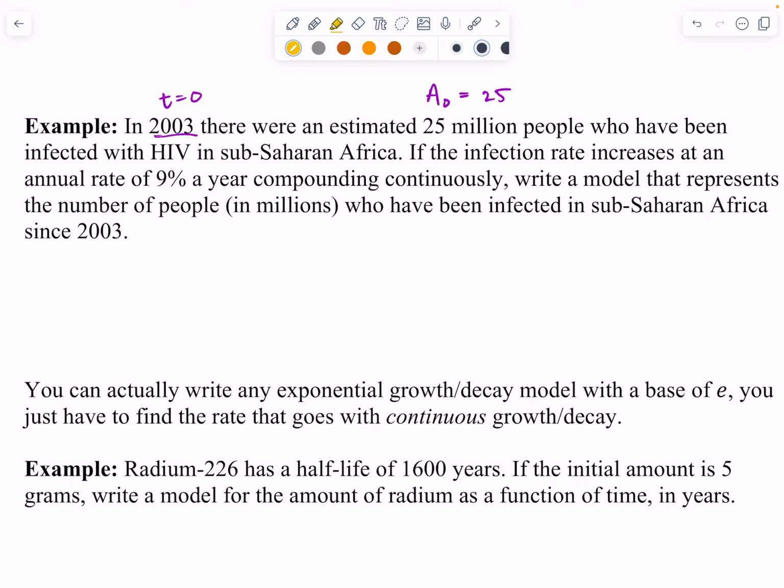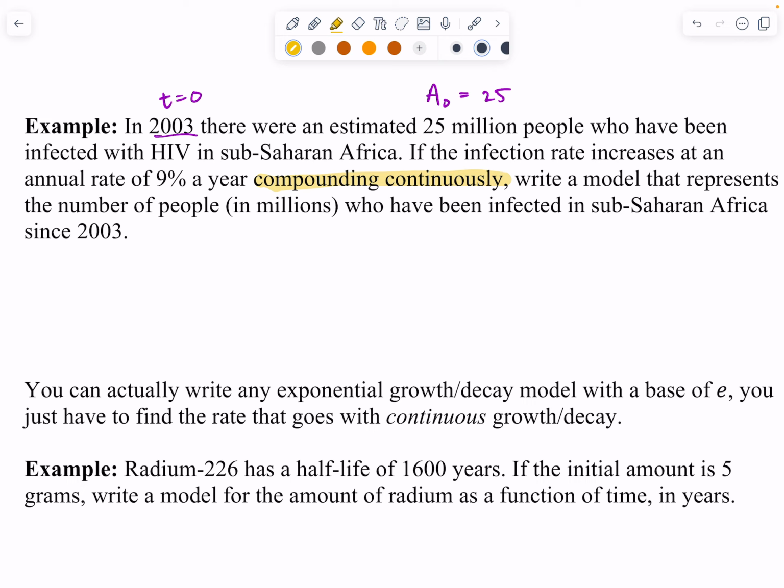If we weren't given this part, we could just come up with our model where the base would be 1 plus 0.09. But because we are given that that's the annual growth rate being compounded continuously, it means a small percentage is being applied constantly.